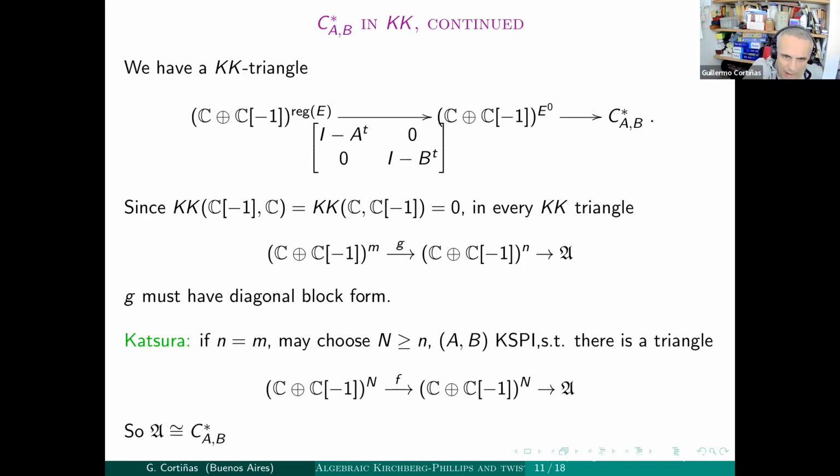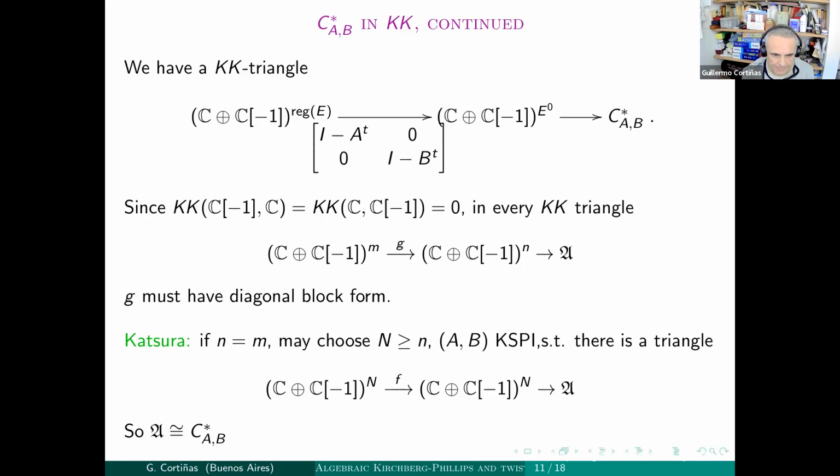That is, it's 1 minus AT, 1 minus VT. So by a 5 lemma kind of argument, one concludes that A is isomorphic to C star AB, right? This is the argument. So this holds for any C star algebra A that admits such a triangle, right?